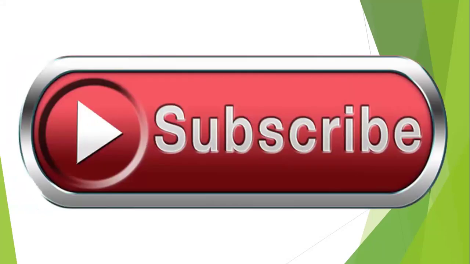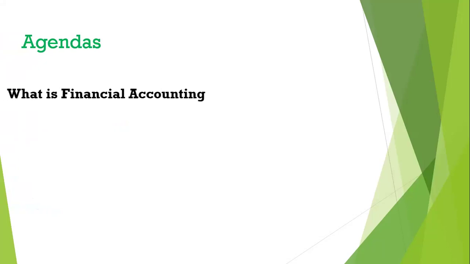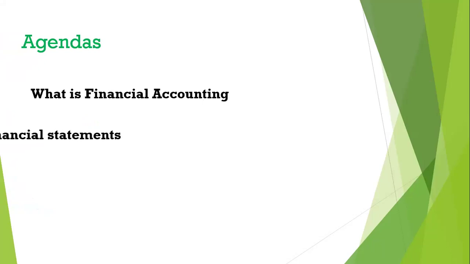So the next thing is the agenda that we're going to talk about today, which involves what financial accounting itself is, the statements that are involved when you're doing financial accounting, and the GAAP. So what is the GAAP?